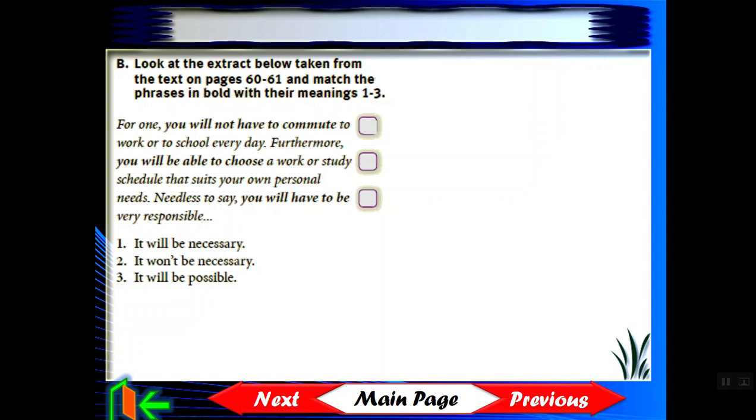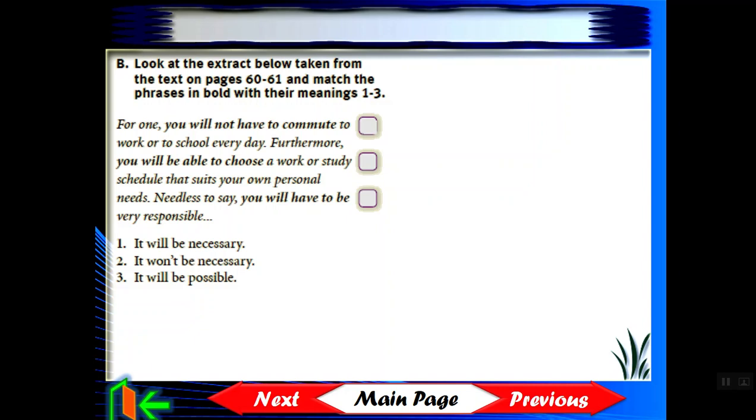Let's read together. For 1, you will not have to commute to work. As we say, commute means you travel every day to your work or to school. Furthermore, you will be able to choose a work or study schedule that suits your own personal needs. Needless to say, you will have to be very responsible.